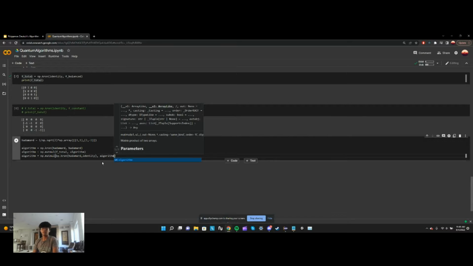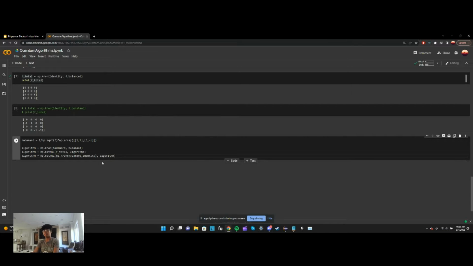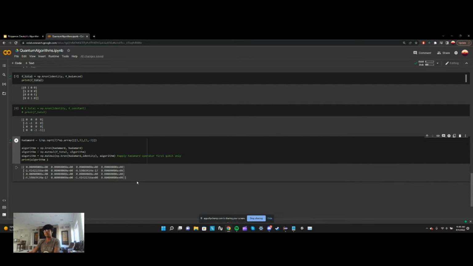So simply finally we would just apply the Hadamard operator to the first qubit only, right? Apply Hadamard to first qubit only, and then we print algorithm. Yeah, so that's what we get.